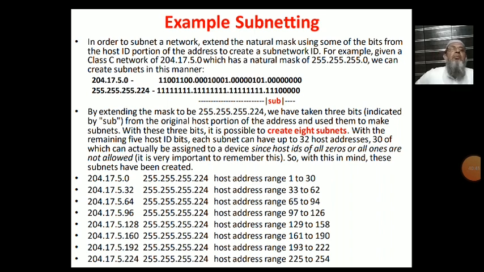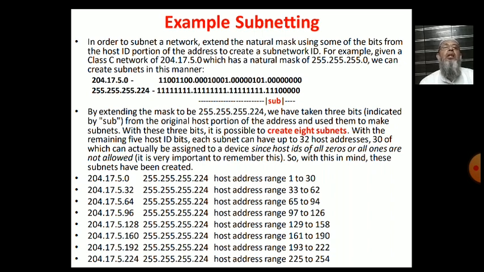So this is one example of subnetting, how subnetting is done, how we can break the network into subnets for effective management. Here we can see we have used one class C IP address.